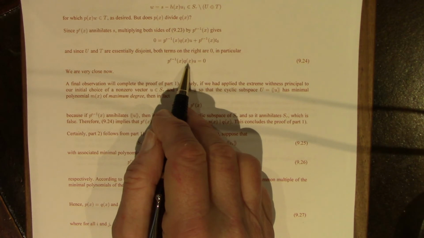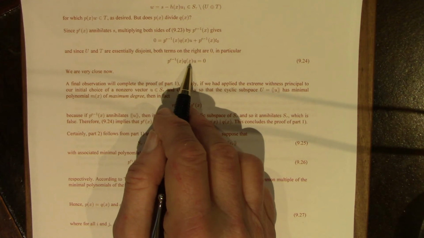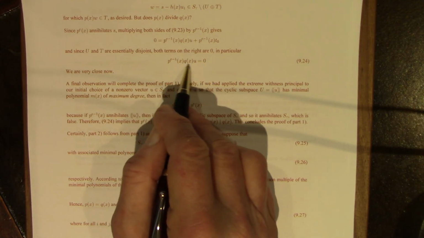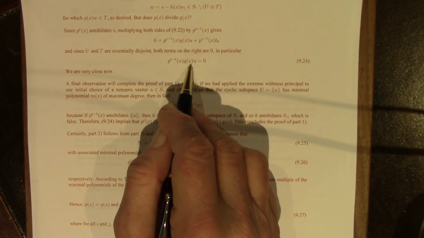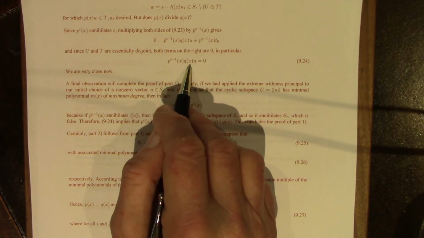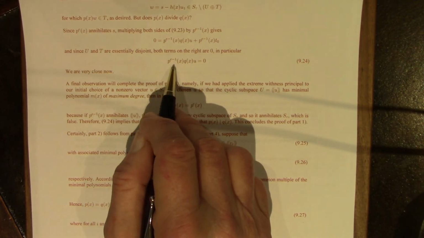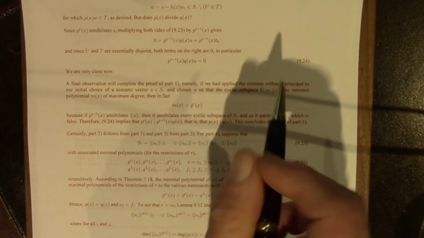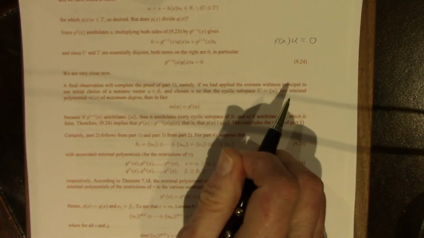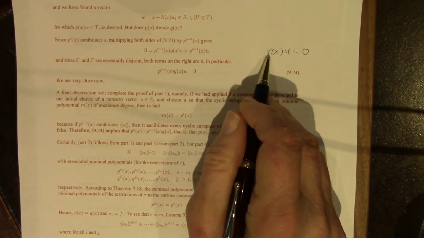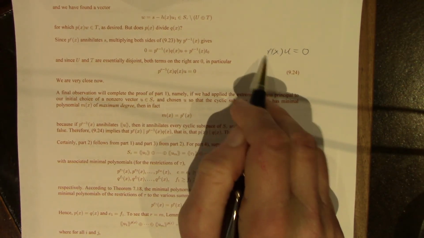Here's q of x. We're hoping it's divisible by p of x. Maybe we could show this whole polynomial here is divisible by the minimal polynomial p of x to the e. Then q of x would have to have p of x as a factor. Under what conditions, if you have, say, r of x u equals 0, under what conditions is r of x divisible by the minimal polynomial of the module?